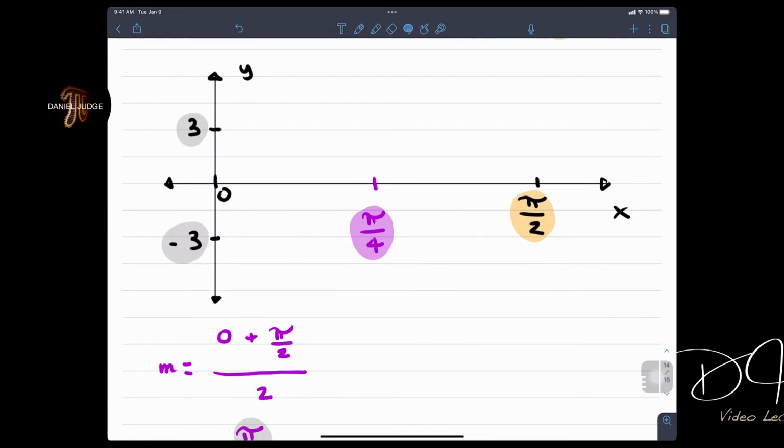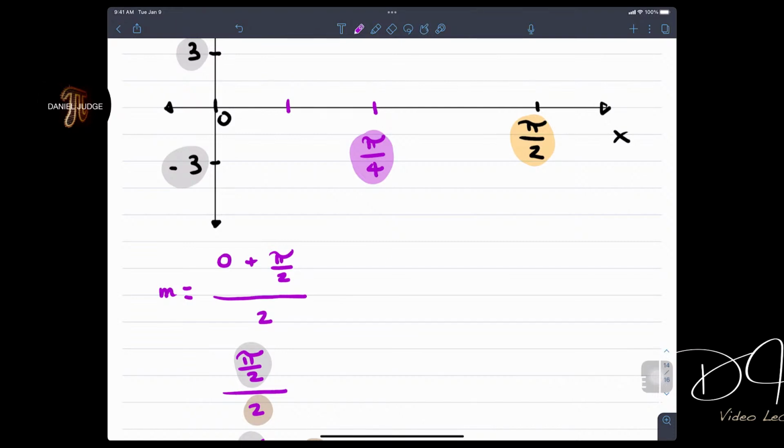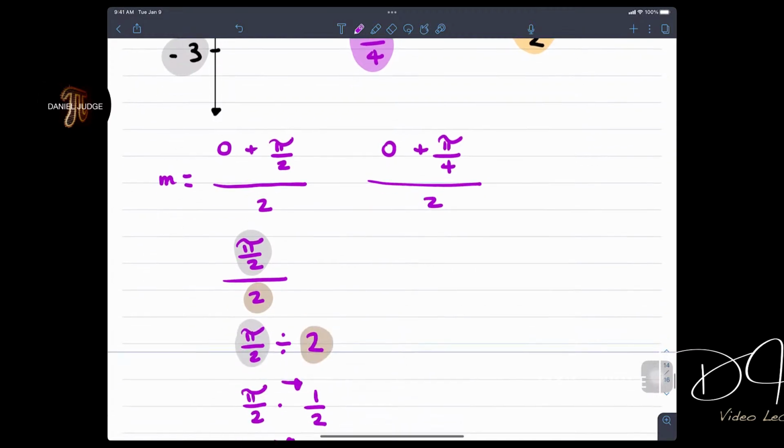And we're going to repeat the process. Meaning, what's midway between 0 and pi over 4 now? So we take the 0, we add pi over 4, we divide by 2.